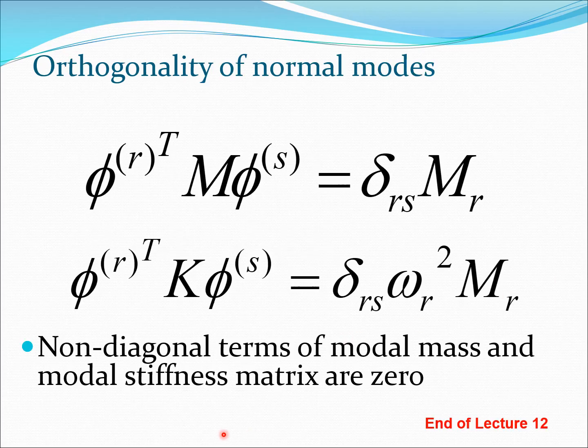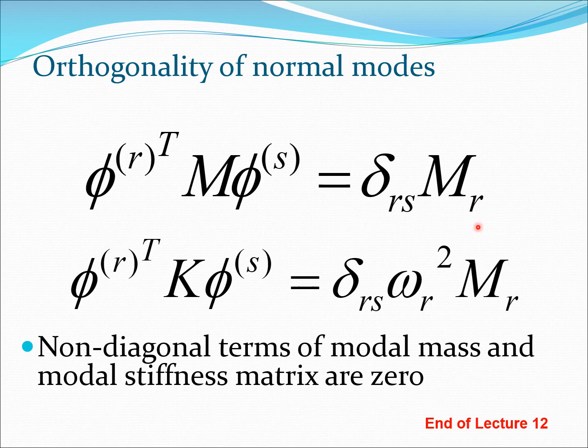Now this Kronecker delta lets us write out the basic fact of what the normal modes do to the mass and stiffness matrices. So here you can see that when we do this phi r transpose M phi s, we are left with delta rs into M_r.